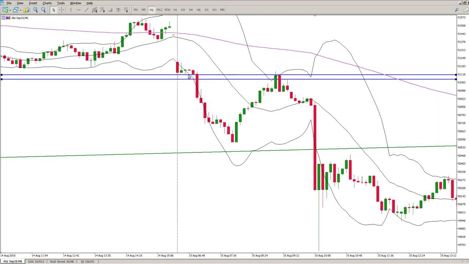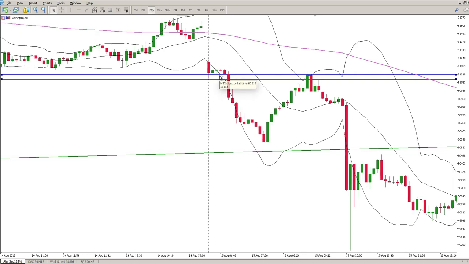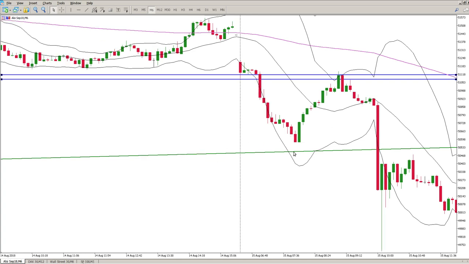So any break below this level is basically an opportunity to sell. And the reason being is that you are below the 20 moving average, you're below the 200, so trend is down. And you can see how we sold off. Okay, came to the bottom of the wedge or close to the bottom of the wedge before buying. So that was your first trade.